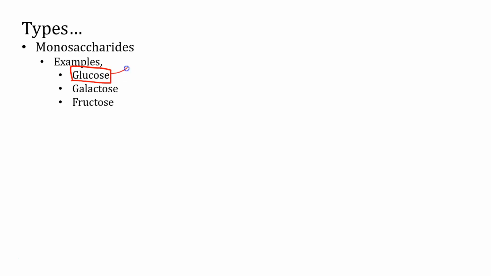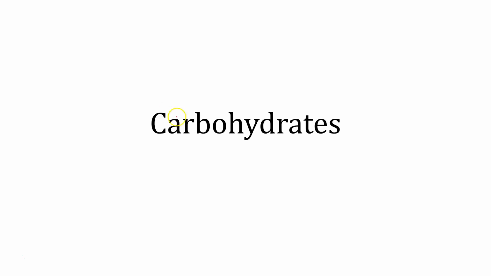So if you had some breakfast in the morning, within a couple of hours your liver is already breaking down that food and taking out all of the glucose molecules and linking them together to store them for later use of energy. And that is one of the main purposes of carbohydrates.